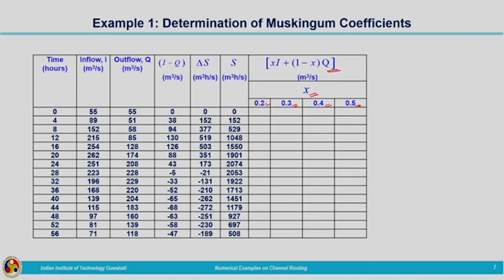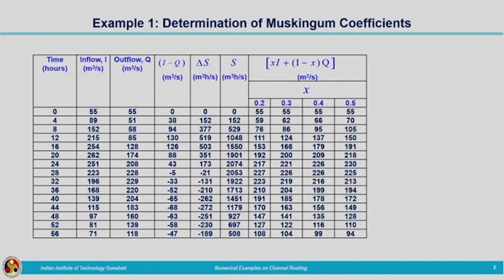By substituting these values in this expression, we can calculate the corresponding value of xi plus 1 minus xq. So, first we will substitute x is equal to 0.2, we will get the values corresponding to that. After that, for 0.3, then 0.4 and 0.5. So, those values have been calculated and listed here in this table.